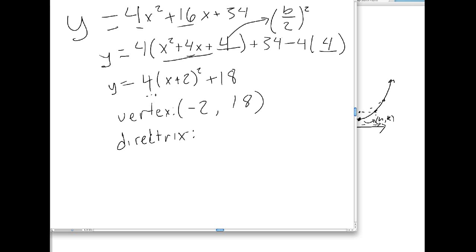Well, a in this case is 4. So this would be y equals, and then we'd have k. K is 18, so we've got 18 minus 1 over 4 times 4, which is 1 over 16. So the directrix would equal 17 and 15/16.